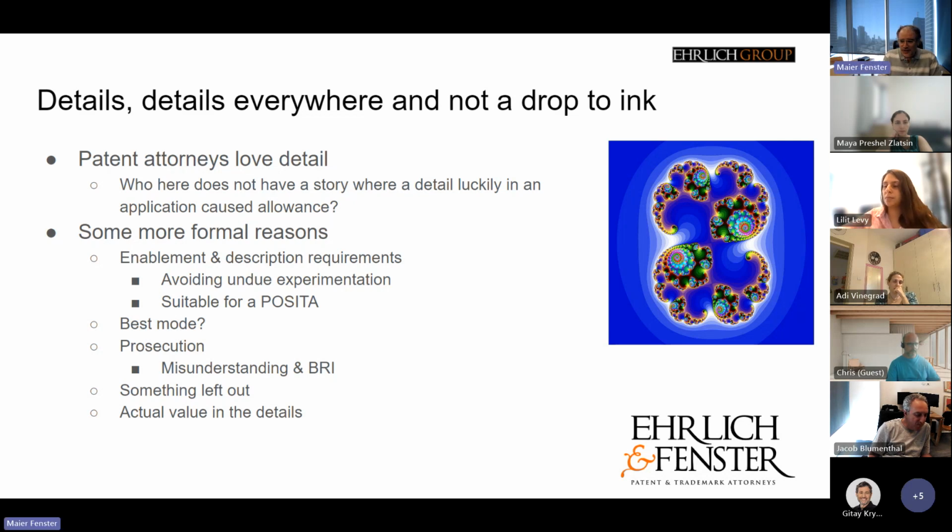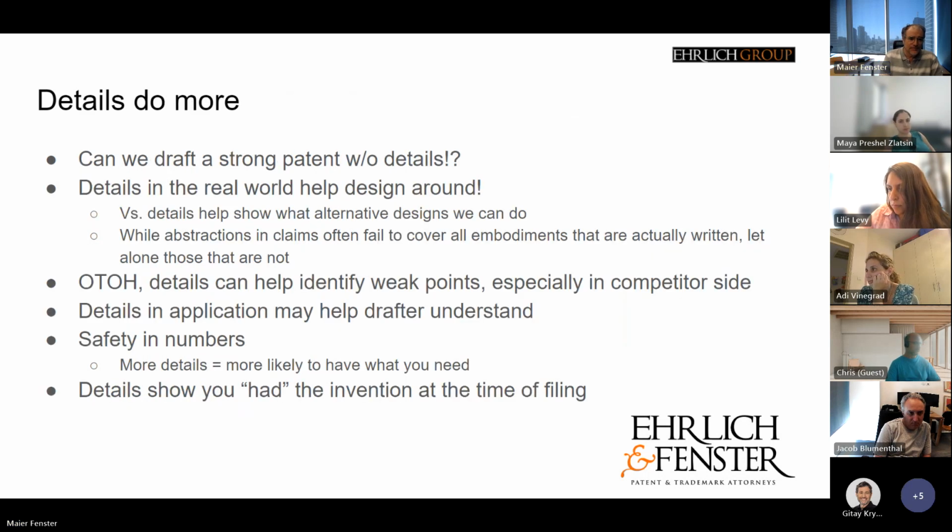Any of you who has done prosecution not in your native language, let's say in China, knows that when your claims and specifications are translated into that language, it might not mean anymore what you think it means. In any case, often the actual value of the patent is found in the details.